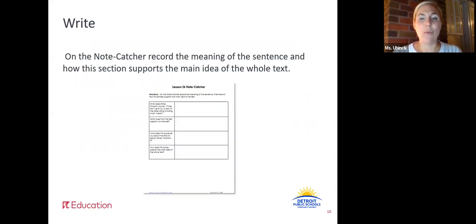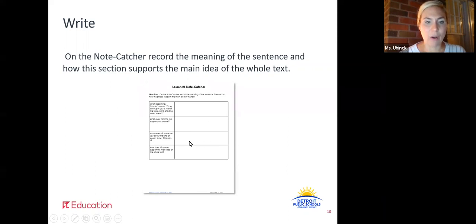So on the note catcher, record the meaning of the sentence and how this section supports the main idea of the whole text. Now that's the part, how does this section support the main idea of the whole text? That really speaks to that learning target of how the phrase pertains to the text. So let's look at this graphic organizer. In row 1, I want you to record what Shirley Chisholm's quote, "If they don't give you a seat at the table, bring a folding chair," means. In the second row, I want you to record what clues from the text support your answer.